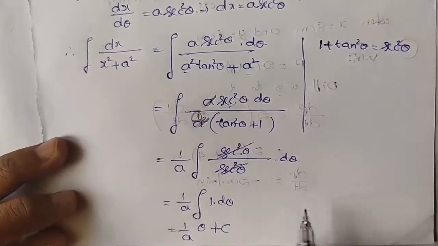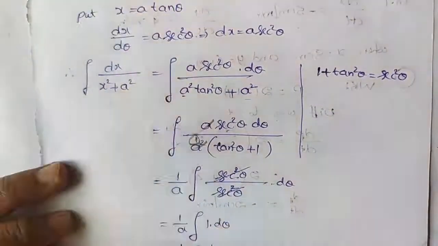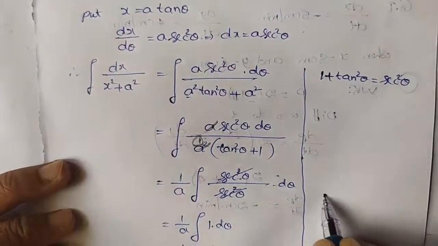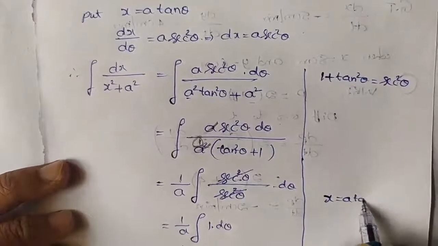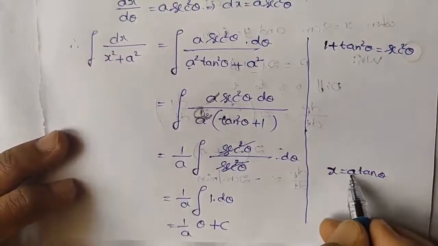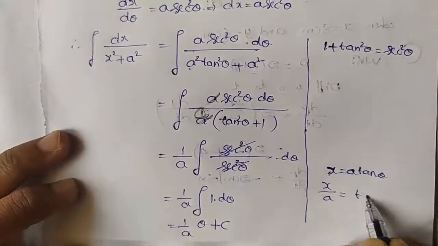Now since we have taken the substitution x equals a tan theta at the starting of this problem, what about the value of theta? Take this a to the left, x by a equals tan theta.